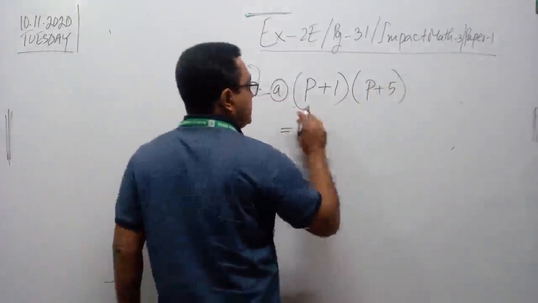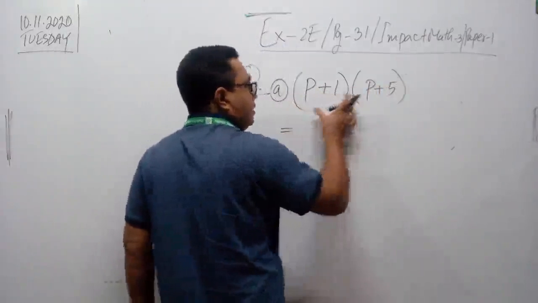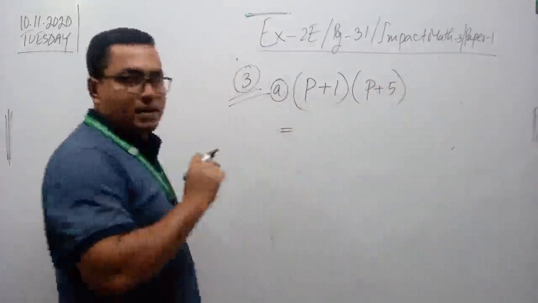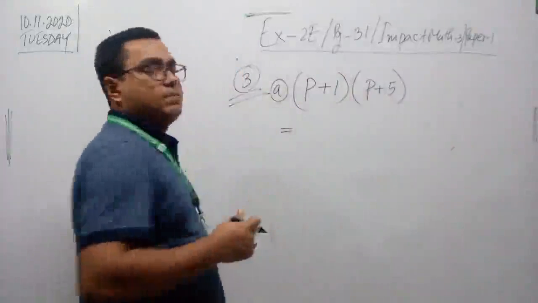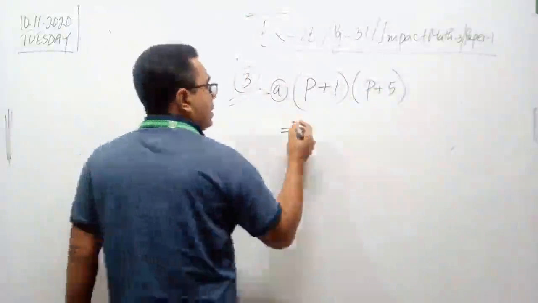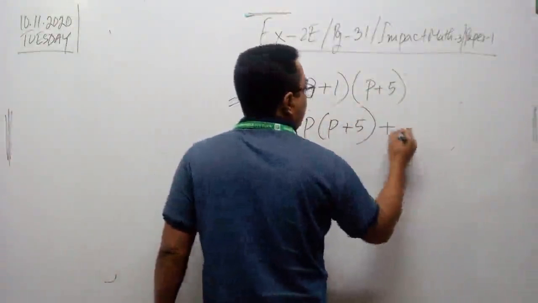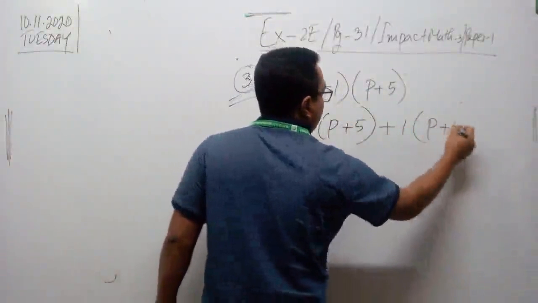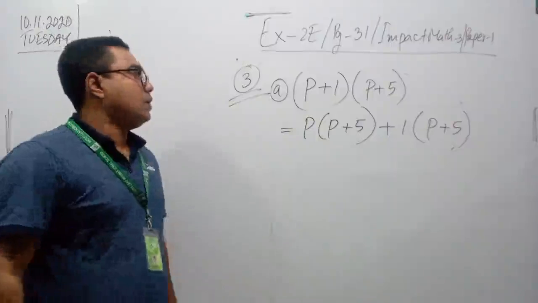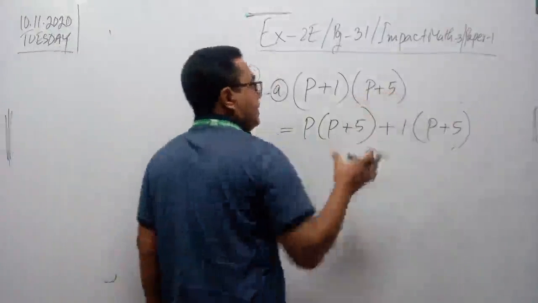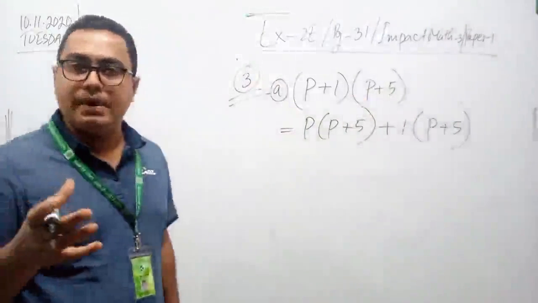Normally, how do we do this? You can multiply this first part with each term of the second part, or the second part with each term of the first part. Normally, I follow this way. You can follow it, or you can go from the left side also. Suppose we think p plus 5 itself is a number.